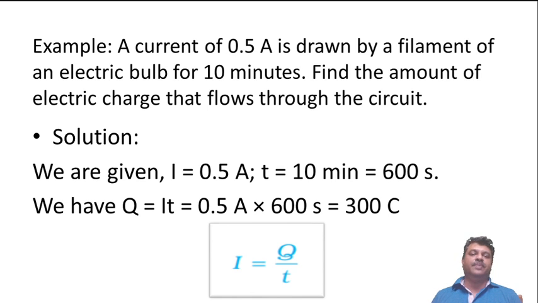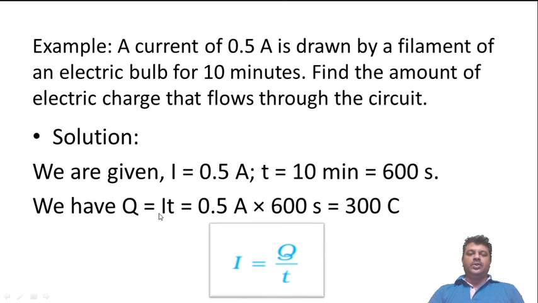Current is given as 0.5 amps, that's in SI unit, no need for any unit conversion. t is the given duration, 10 minutes. The SI unit is second, so convert minutes into seconds. 10 minutes is 600 seconds. So 600 seconds times 0.5 amps is 300 coulomb, 300 C.